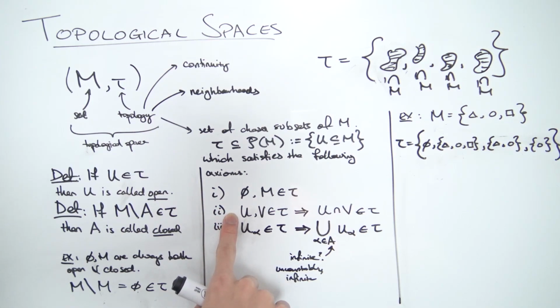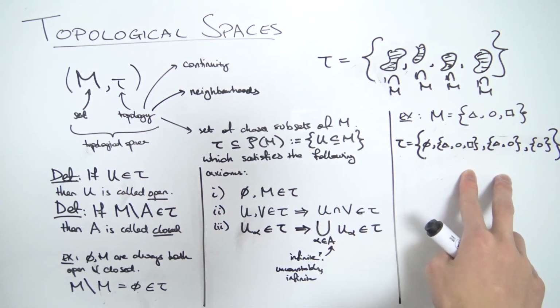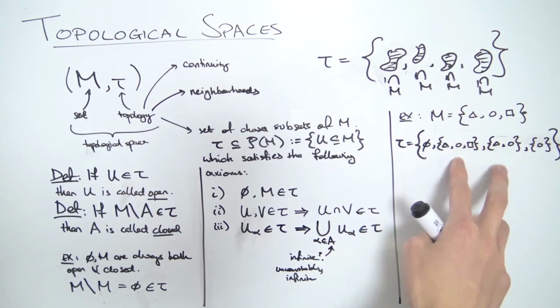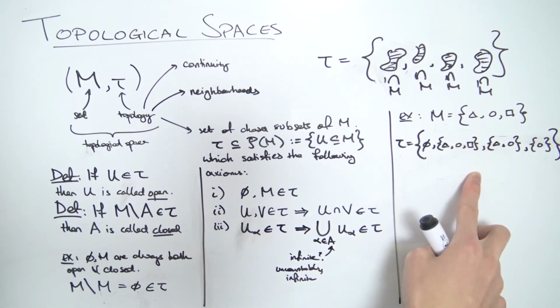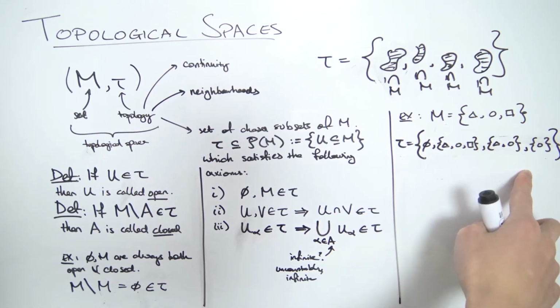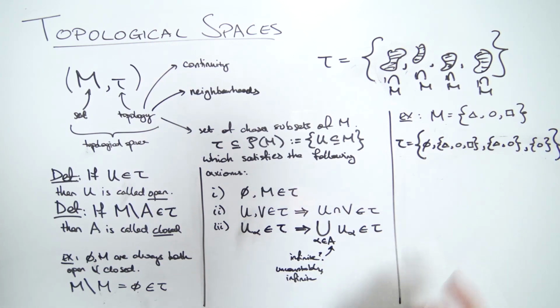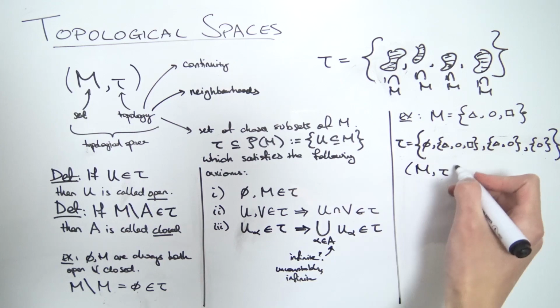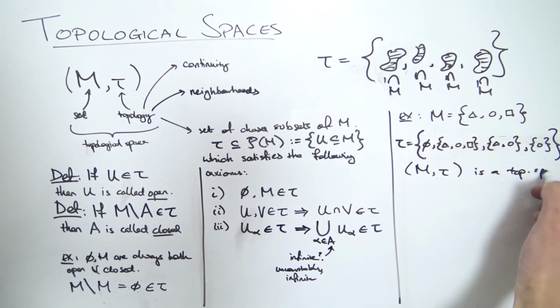If we check the second axiom, you can check for yourself that this works, because if you take any two sets in here and take the intersection, it already produces a set that's in here. Same for the union. You can take any arbitrary union in here, and you should find that we already have a set that's in this topology. So what we conclude is that M, along with its tau, is a topological space.